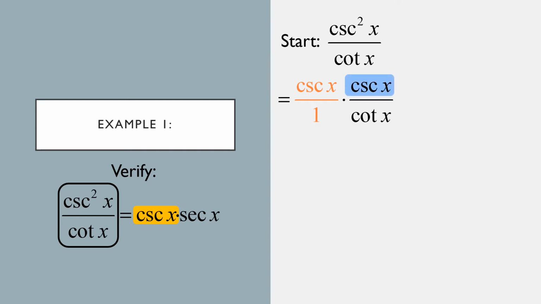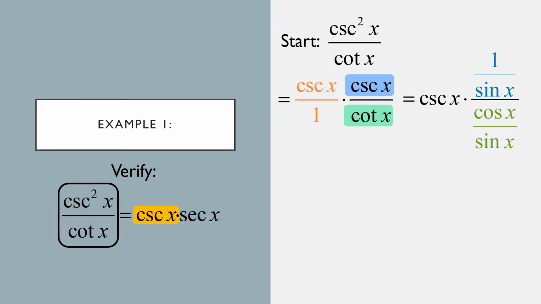The other one I can replace with a reciprocal identity. And the cotangent of x can be replaced with a quotient identity. So I'm keeping one of the cosecants of x. I did a reciprocal identity for cosecant of x and a quotient identity for cotangent of x.